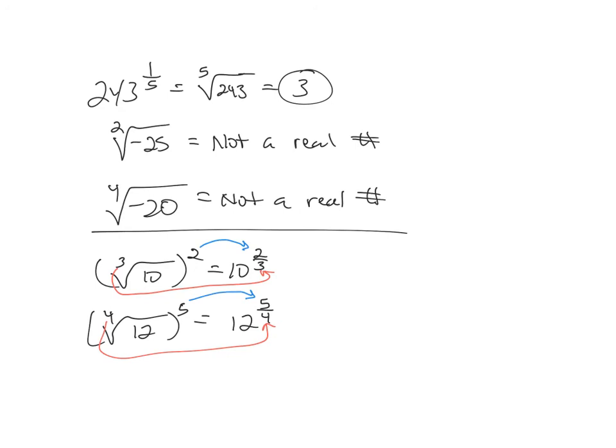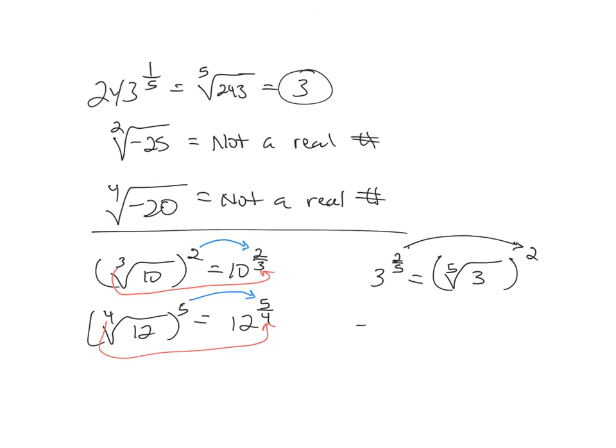If you had 3 to the 2/5 power, you're just going to convert it. So we're going to say, well, the denominator is the root. I don't know why I wrote a 3. I was probably looking at the base. So the 5 goes here, the 3 just stays in there, and then the exponent is the numerator.